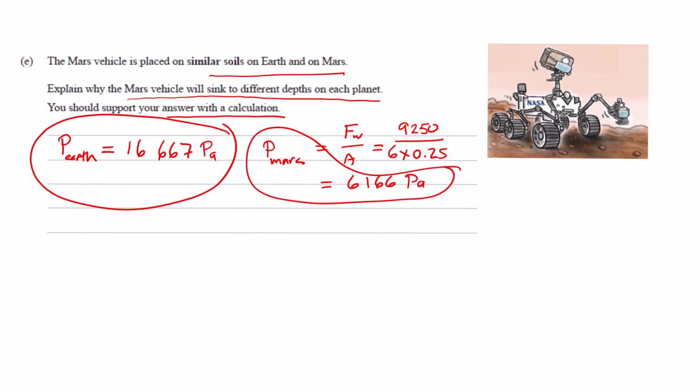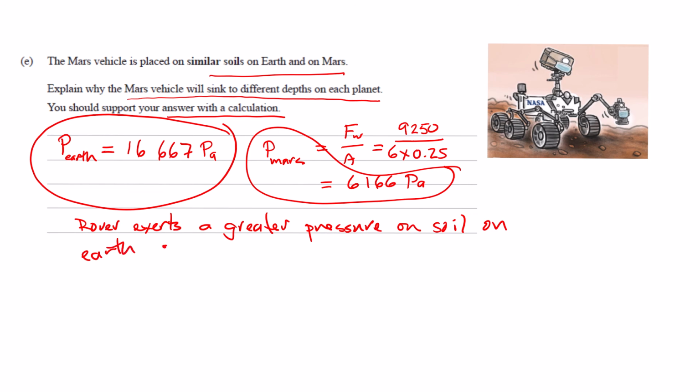So we could say the rover exerts a greater pressure because of the stronger gravity, a greater pressure on soil on Earth. Therefore, it will sink deeper on Earth.